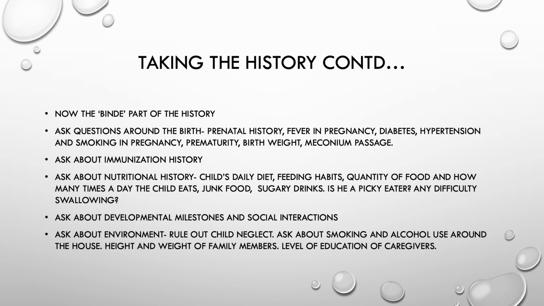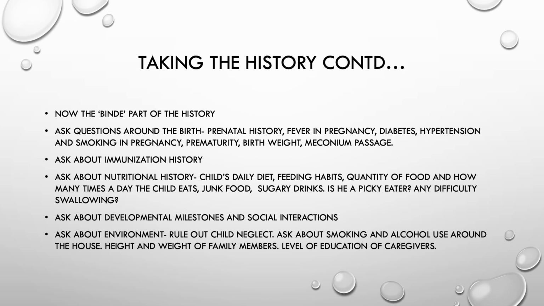You want to ask about the immunization history and the nutritional history. So dwelling on the nutritional history, you want to know what the child's daily diet is like, what the child's feeding habits are, and the quantity of food the child takes on a daily basis.